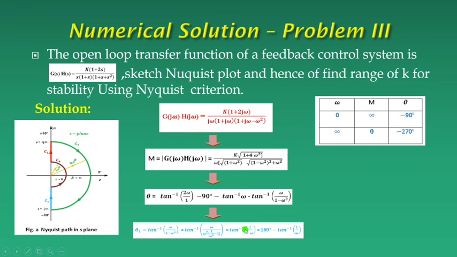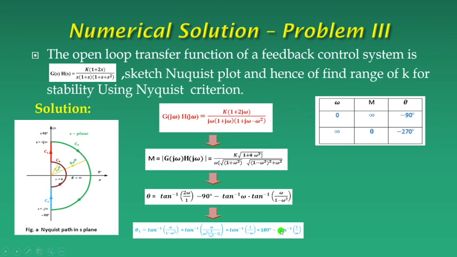Then the answer is tan inverse 1 by minus omega, because this value is minus 1. For this denominator the sign is minus, that's why this angle is 180 degrees minus tan inverse 1 by omega. I already discussed this equation in the previous lecture.